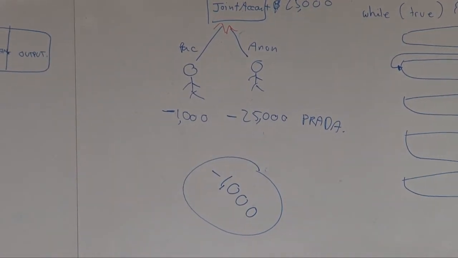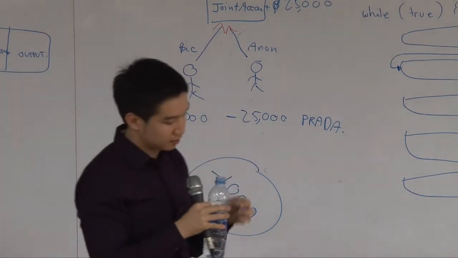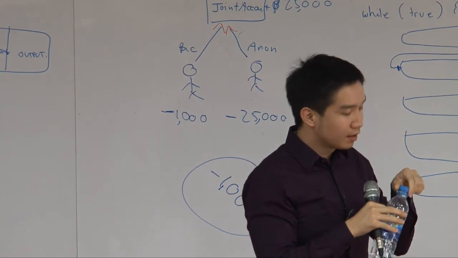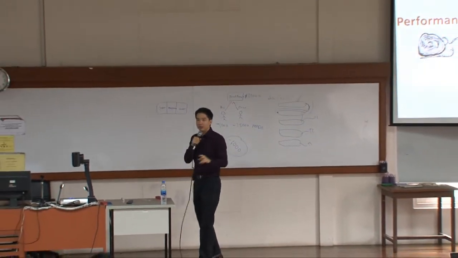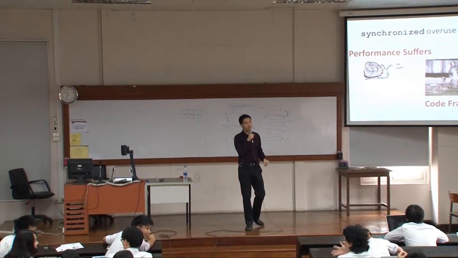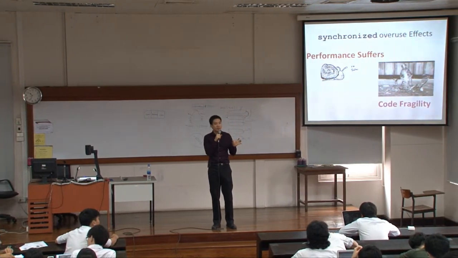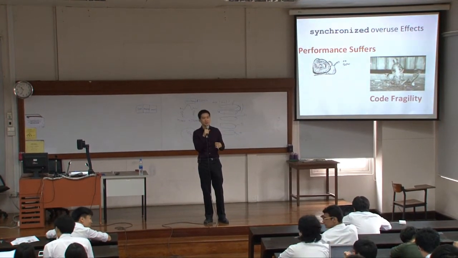And so this is why in the next slide, we have 2 concerns of using the keyword synchronized. One is that performance suffers when you use synchronized in every single method.